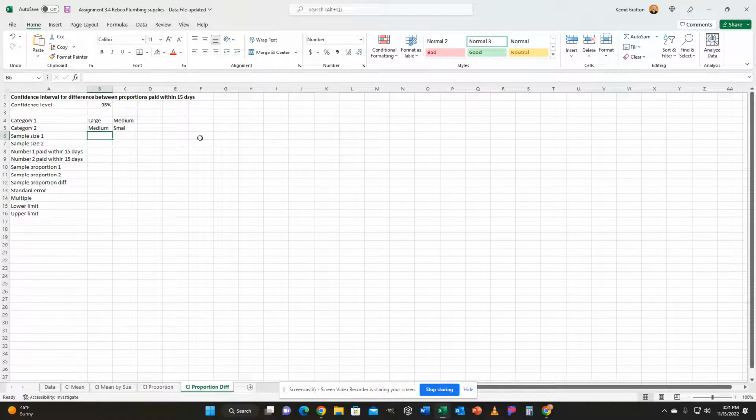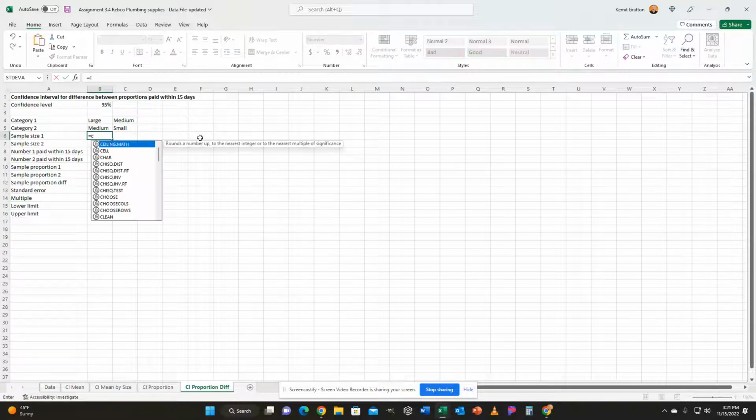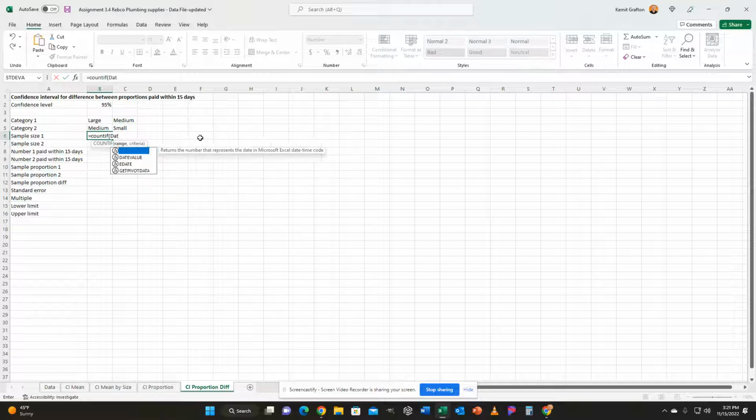The first one is a COUNTIF function. Going back to the data tab, we're going to use the absolute reference here so that when we copy it over, it won't change. That's why you're using these.